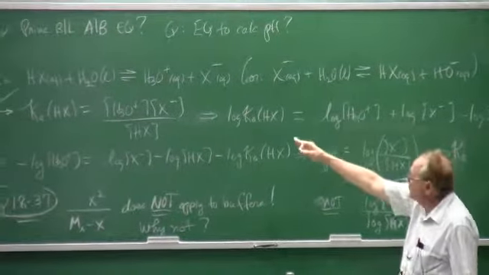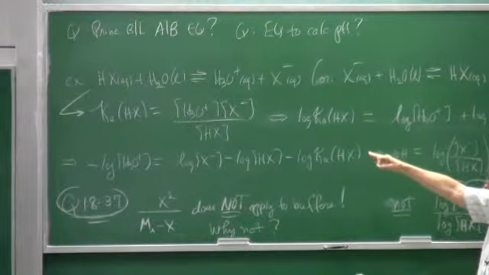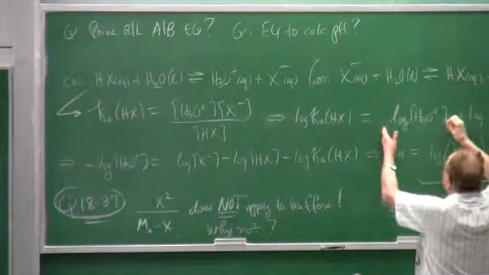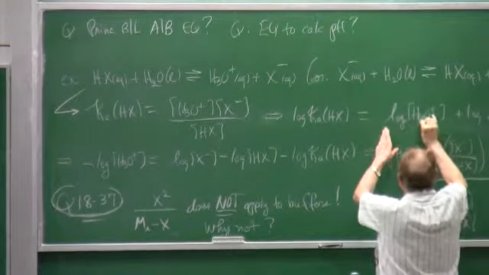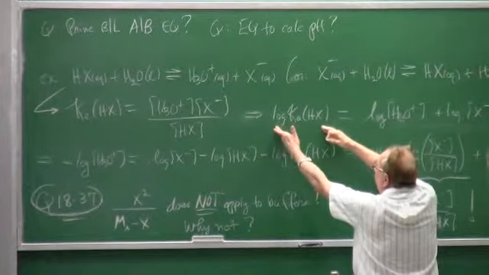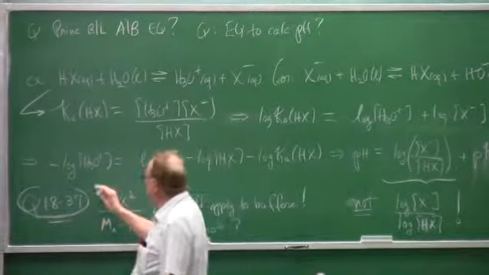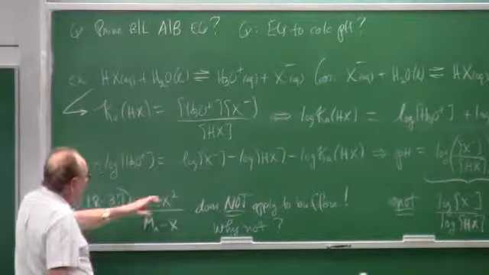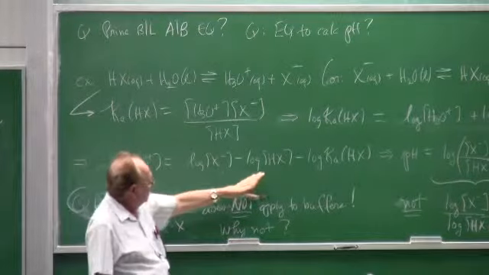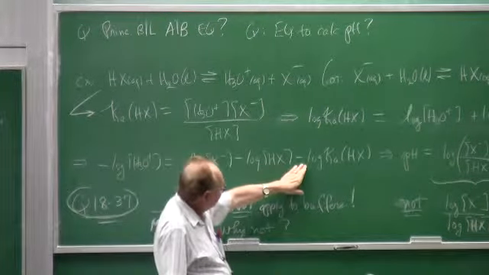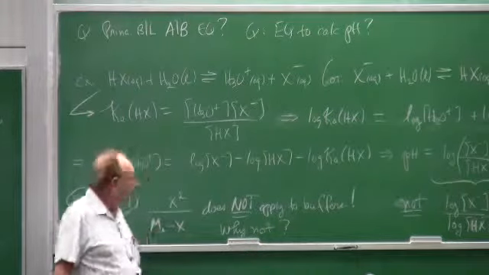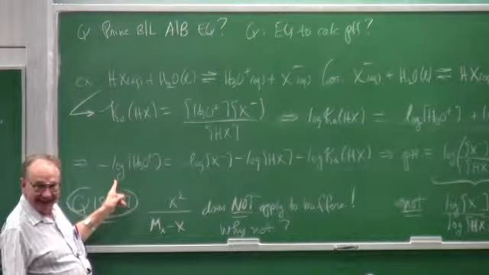Now I'm going to take this expression and rearrange it ever so simply. I'm going to take the log hydronium ion term, put it on this side of the fence, and the log Ka term, put it on this side of the fence. So now I got minus log hydronium ion molarity is log X minus molarity minus log HX molarity minus log Ka of HX. Well, we know what this is, don't we? This is pH.